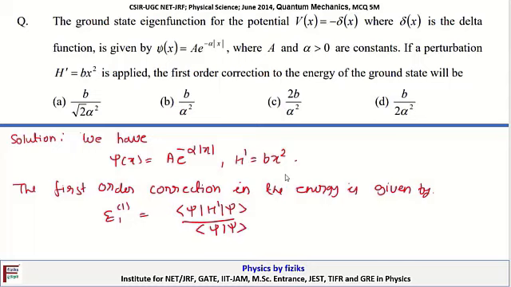This denominator term we are taking because this wave function is not normalized. Had the wave function been normalized, we would not take it, as its value would be 1.